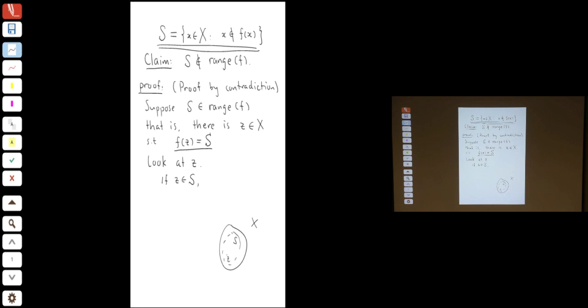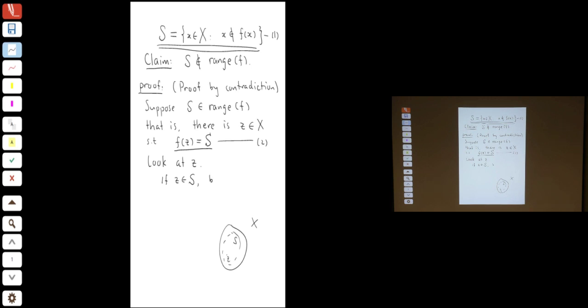So I want to use the single underline and the double underline, and then create a contradiction. So let me label it. I call this one equation 1, this equation 2. The single underline is 2, and the double underline is 1.